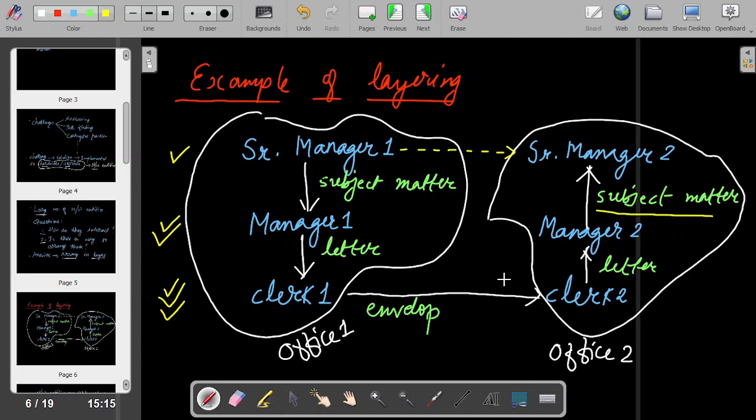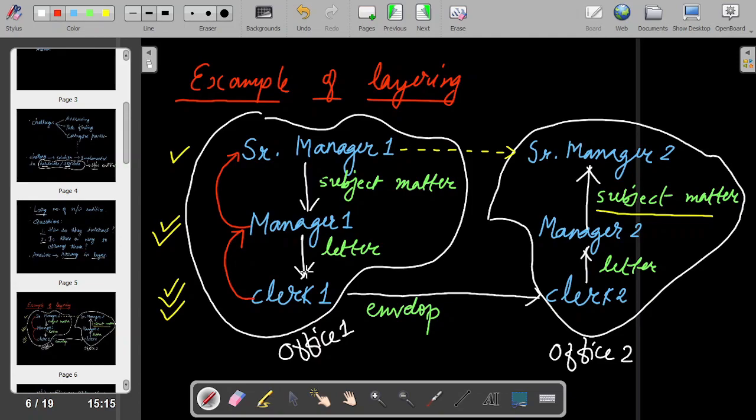Let us add something more into this. I can say that manager 1 is providing service to senior manager 1. How do we represent this? We can say that manager 1 provides services to senior manager 1. Similarly, clerk is providing service to manager 1.